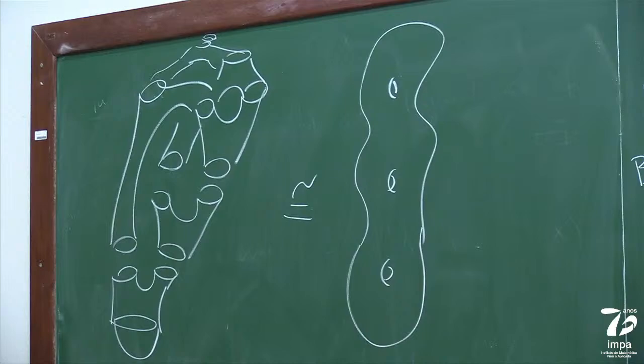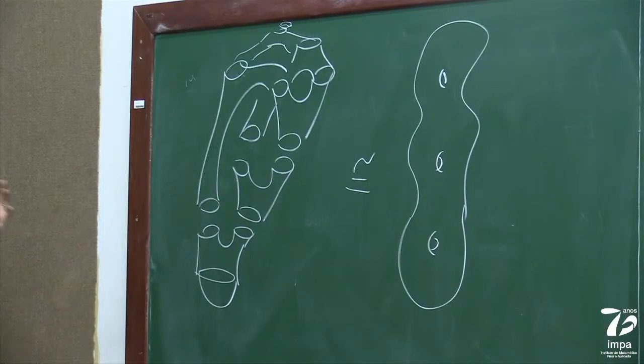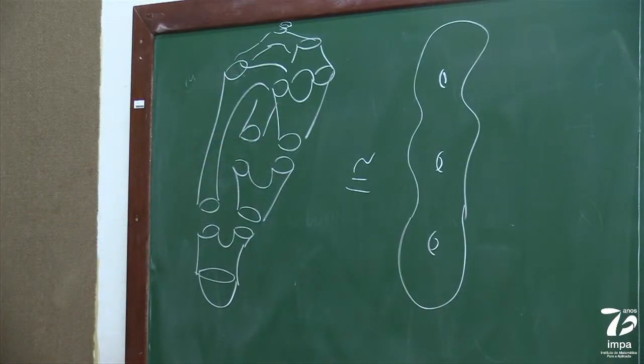Yeah, you have three holes. You have one here, and one here. But it's not completely obvious that you have a diffeomorphism like this. But maybe it's not so hard to see, at least to look at the two pictures and see that you have three holes that look independent.